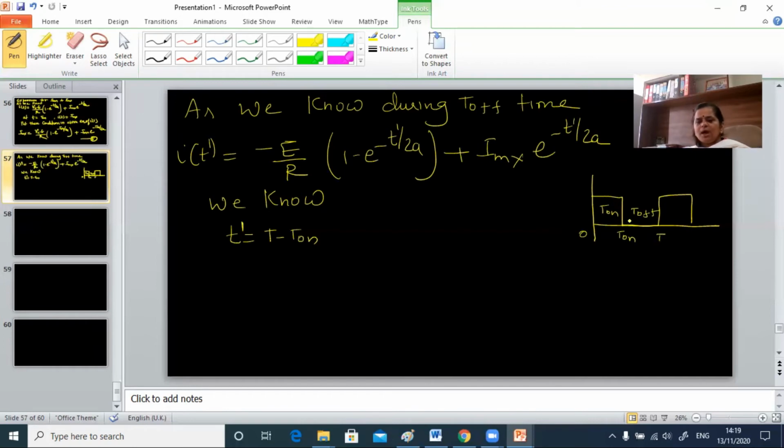So from 0 to TON time, the expression of current is i(t), and from TON to T, the expression of current is i(t'). Means for t', this point of TON will be 0, whereas for i(t) this is 0. So t' will be equal to t minus TON. When t' is 0, the value of i(t') will be I minimum.